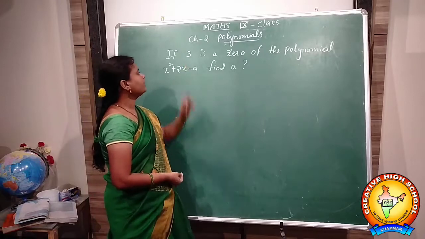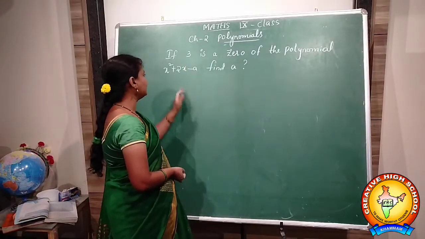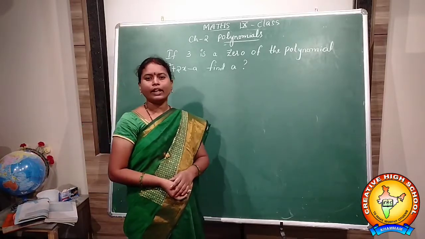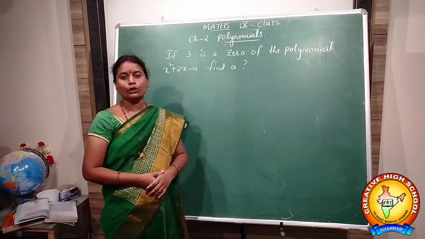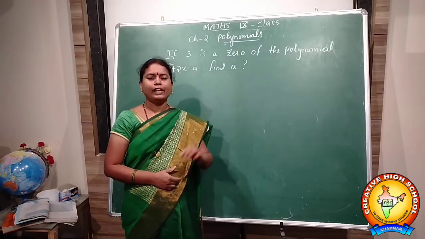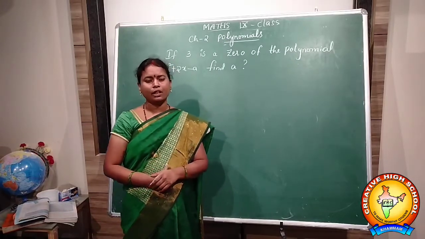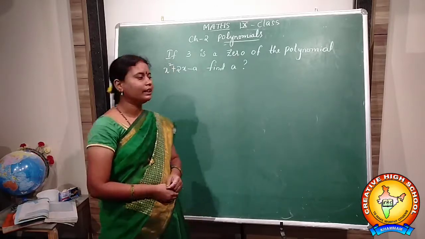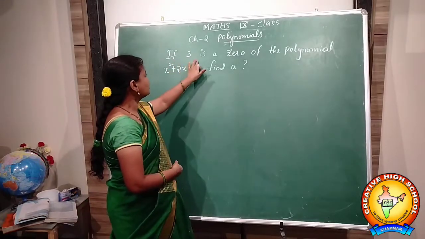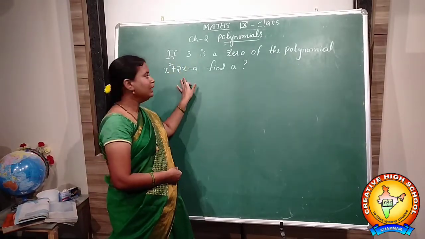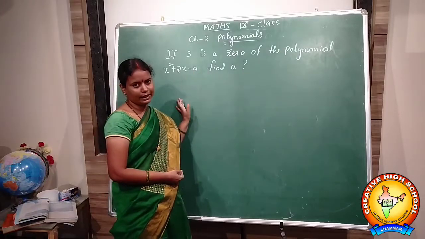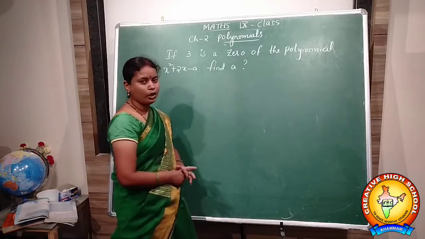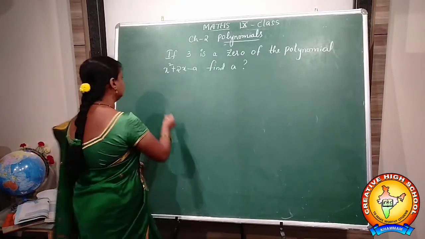See here, if 3 is a zero of the polynomial x square plus 2x minus a, then what will be the value of a? We already know the zero of the polynomial is the value which we substitute in the polynomial to make the total value 0. So if we substitute 3 in this polynomial, the total will become 0. Let us find out.